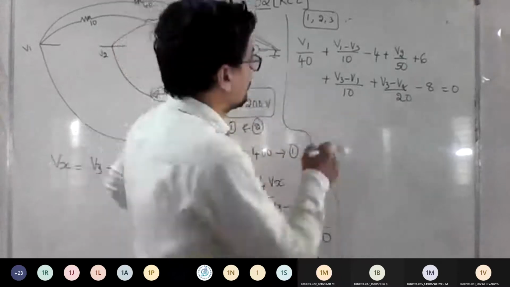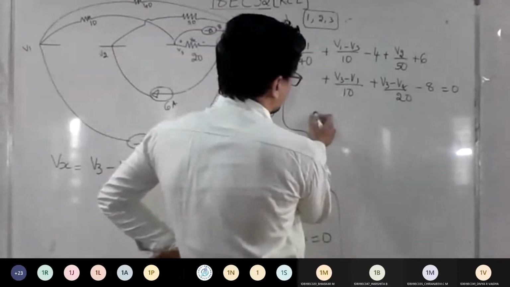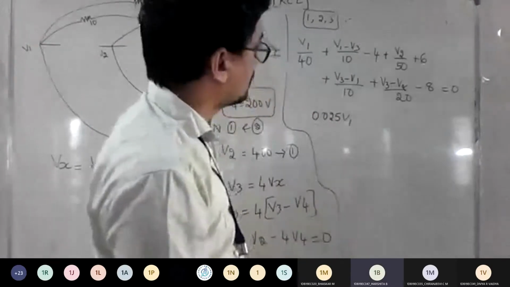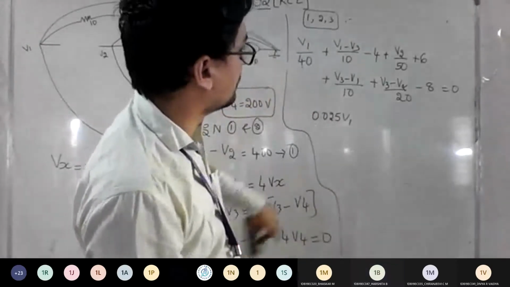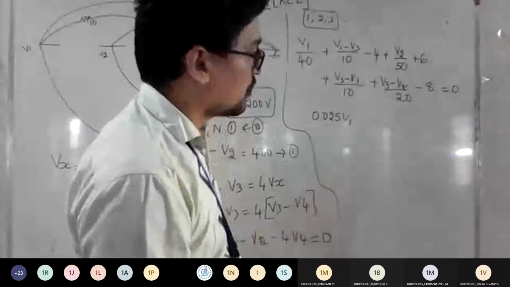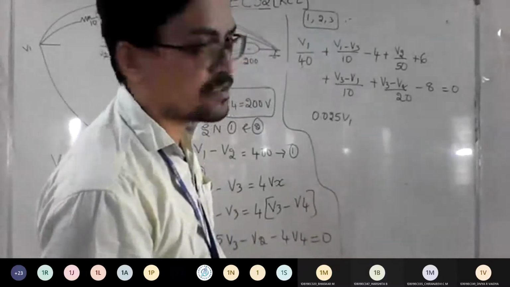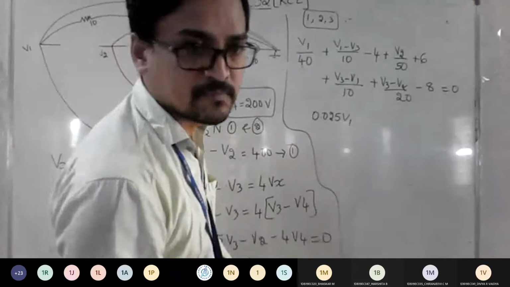Yeah, tell me the equation here. So it's 1 by 40 V1. I can write it as 0.025 V1. Then I think V3 will get cancelled. One term of V2 will be there. So what is V2? I think it's 1 by 50. Is it 0.02?